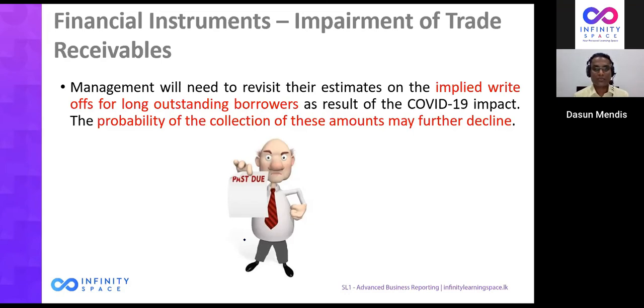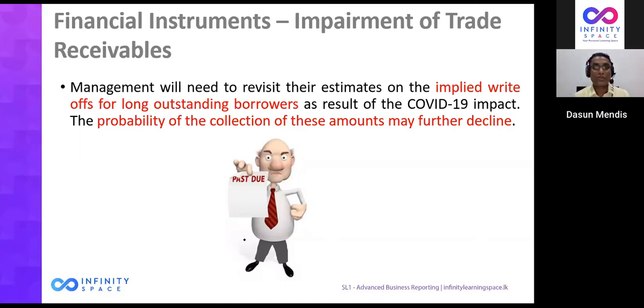No response at all. Then what the entity has to do is, trade receivable is a financial asset. You need to look at whether you need to increase the loss allowance of your trade receivable portfolio, or whether you need to do any write-offs. If a particular customer is bankrupt, you got to know that he's bankrupt because of this impact. The entire business has collapsed. So you have to record the write-off.